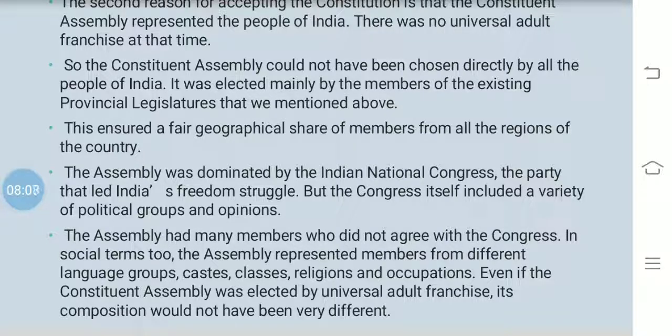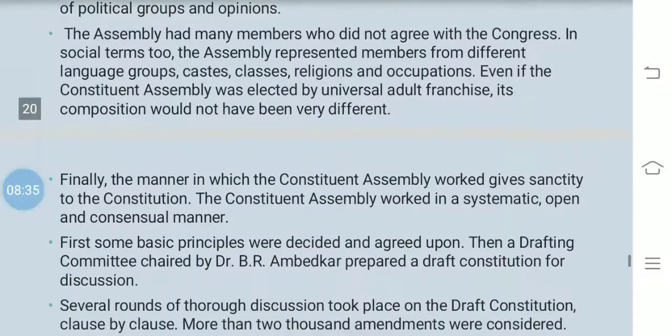Within the party there were different castes, classes, religions, and occupations. Even if the Constituent Assembly was elected by universal adult franchise, its composition would not have been very different. So this was more or less like universal adult franchise.